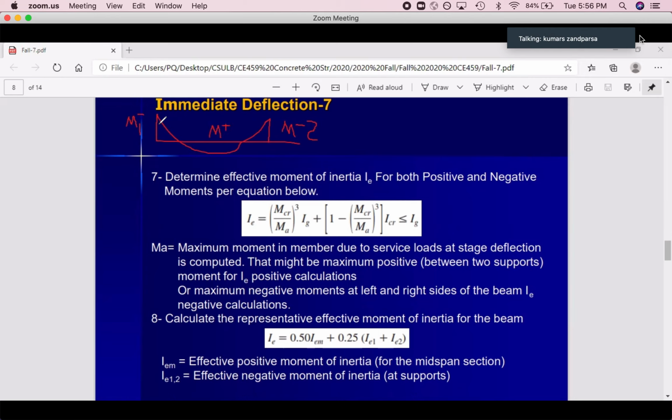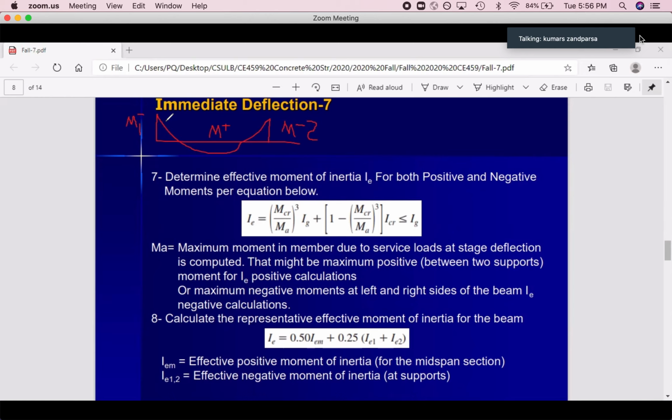For this one, M negative, we calculated M crack for this side based on the rebar and everything that we had. So we have that M crack. MA is this one, with no sign, just MA. So M crack divided by MA, the maximum moment at this side. Forget about that side. Even if that side is bigger, it doesn't matter. We have 2 negative and 1 positive, so we have to calculate 3 IEs.